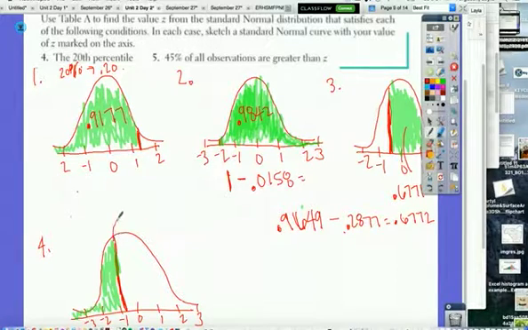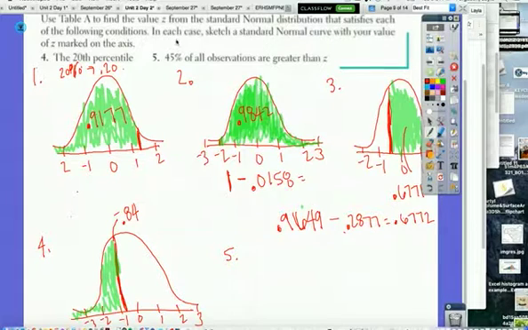So basically, this line is at negative 0.84. Whenever you're given a percentile and you need to work backwards, you look on the table for whatever is close to that percent as a decimal, and then locate your z from that.